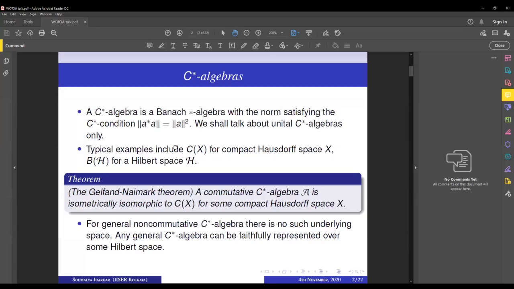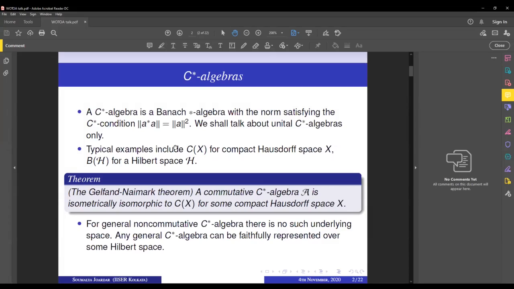From this theorem, one would like to think of a general C*-algebra, not necessarily commutative, as an analog of a compact Hausdorff space, let's say a non-commutative compact Hausdorff space. Although we won't have such an underlying compact Hausdorff space, so that we can realize a non-commutative C*-algebra as some C(X), obviously, because C(X) is commutative.